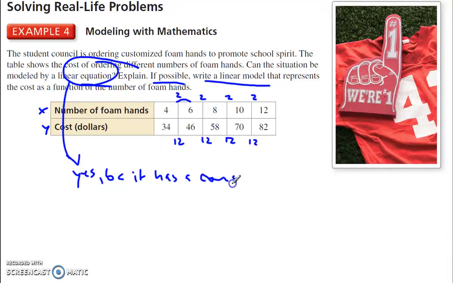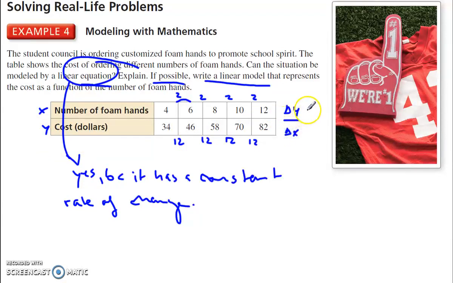A constant rate of change. Boom. And that rate of change is 2 over 12, which simplifies, wait, stop, slow down, hold your horses, this is y, so it's 12 change in y over change in x. Be careful.